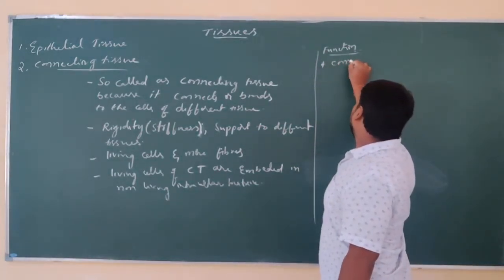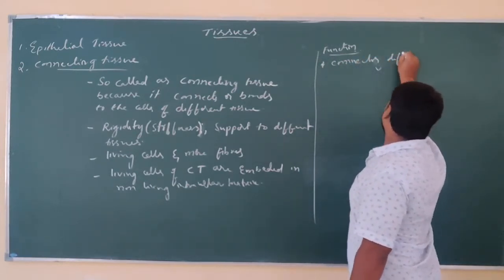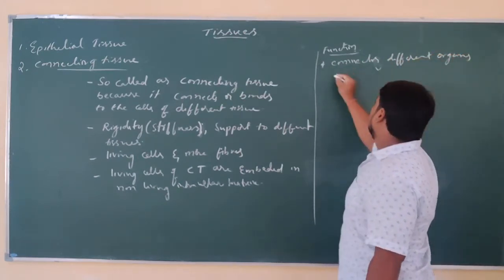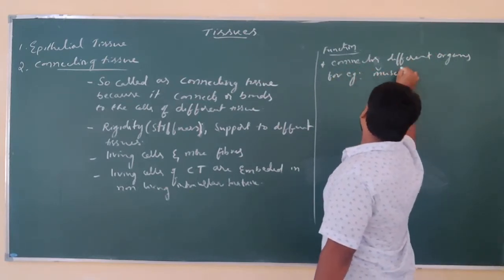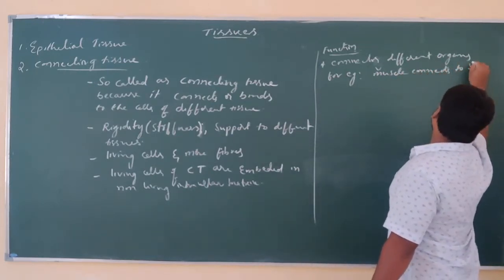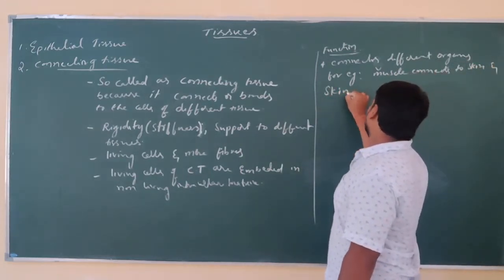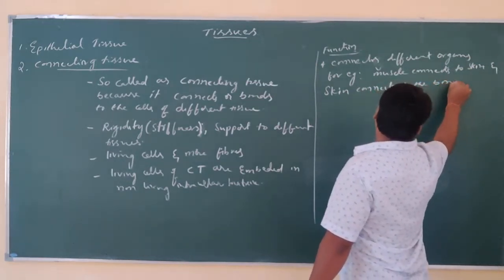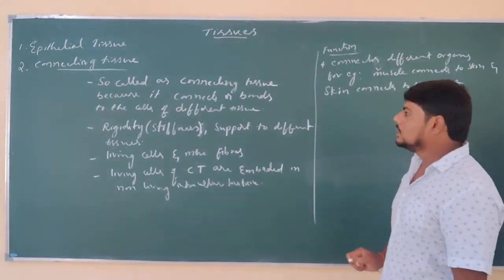So they connect different organs. For example, muscle connects to skin, and skin connects to bone. That is a very important characteristic function of a connecting tissue.